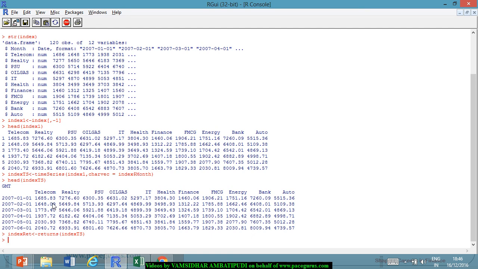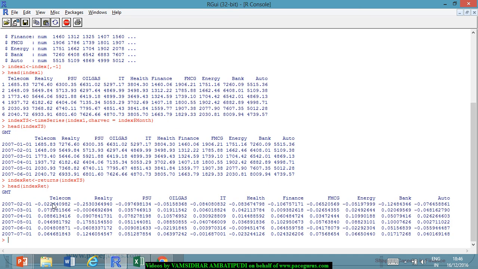Let me compute the head associated with index ret to see if it is working well. Yes, now I have got it. So I'm getting the returns associated with each one of them, right? So these are the returns for each of the time series, and I have the column names that are associated with the corresponding sectors itself.